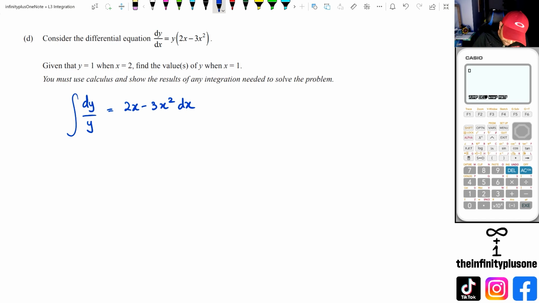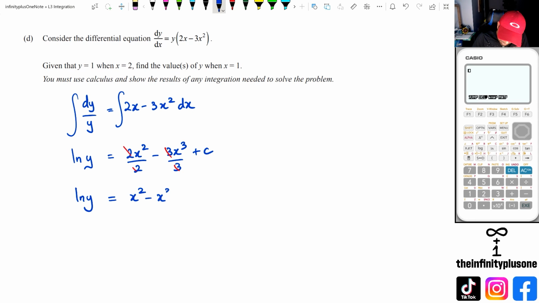Once we do that, we're going to integrate both sides. So here we've got 1 over y. When we integrate it, we're going to get ln of y equals 2x squared over 2 minus 3x cubed over 3 plus c. I'm going to cancel the 2's and the 3's out, and what I'm left with is just ln of y equals x squared minus x cubed plus c.